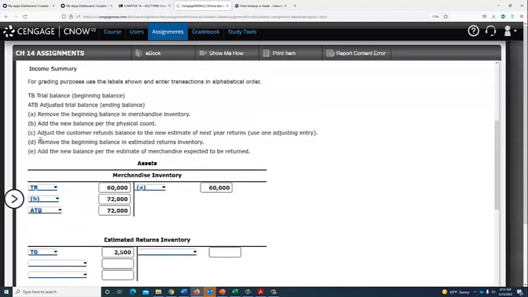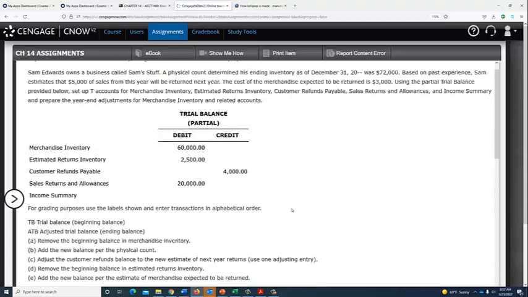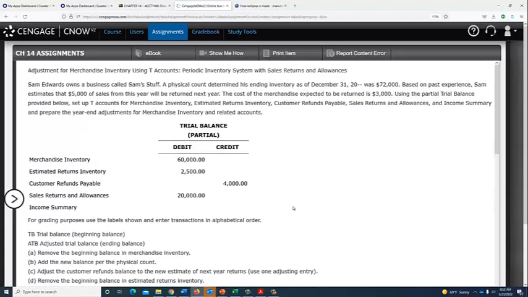On C, it's asking to adjust the customer refunds balance to the new estimate of next year's return. It says to use one adjusting entry. So we are dealing here with the customer refunds payable. So we need to come up and see what our balance actually is.